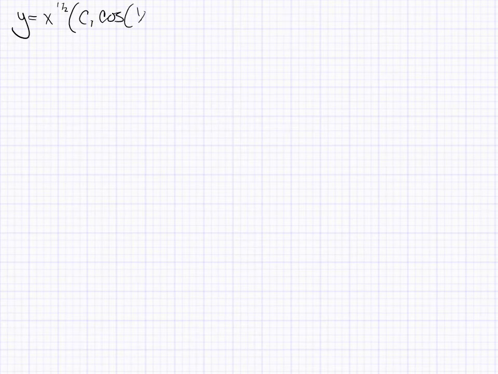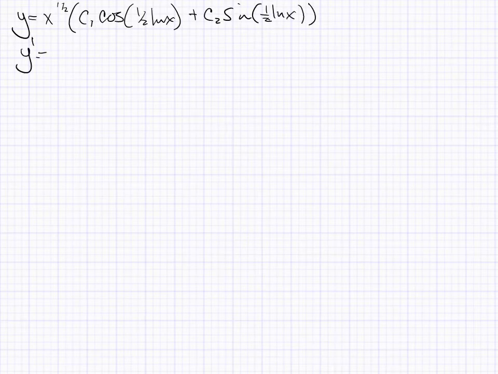So let's finish up this initial value part. Let's rewrite this: y equals x to the 1/2 times C1 cosine of (1/2 log x) plus C2 sine of (1/2 log x). That was the solution to the differential equation, but we're also going to need to know what y prime equals.